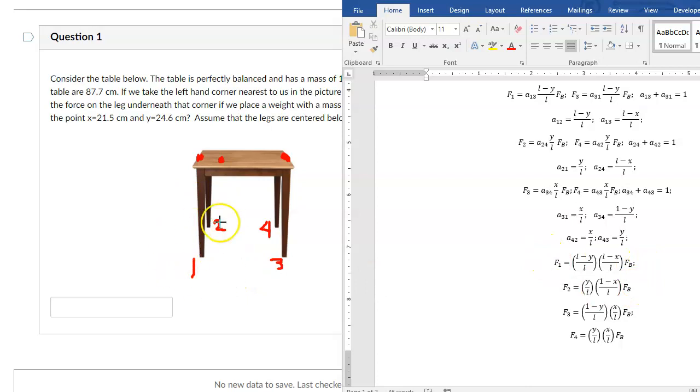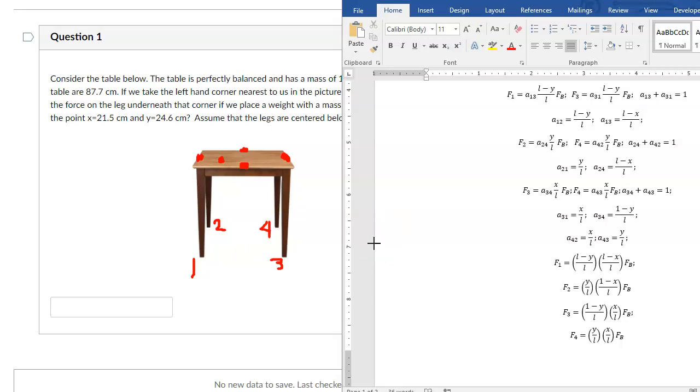So no weight from the blob on these legs because the blob's all the way over here. The same front to back. If I move the blob all the way to the front, there's no weight on the back legs. If I move the blob all the way to the back, there's no weight on the front legs. And so this gives you a sense that this is working.